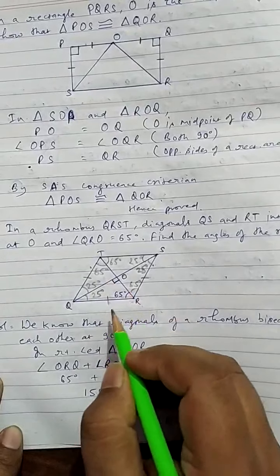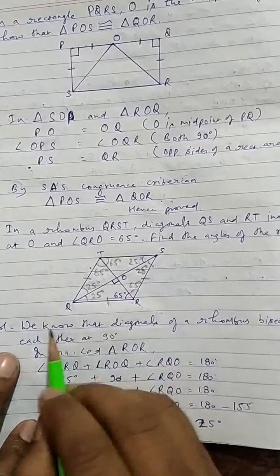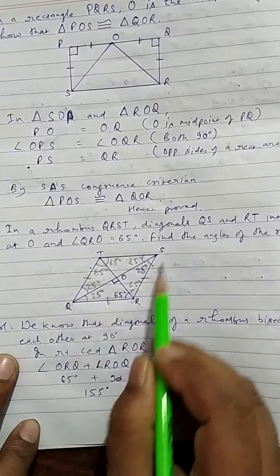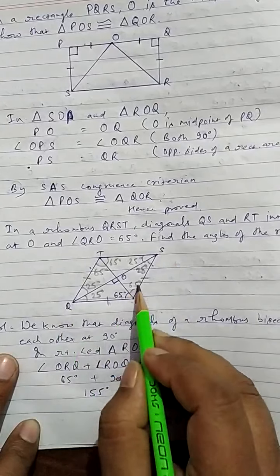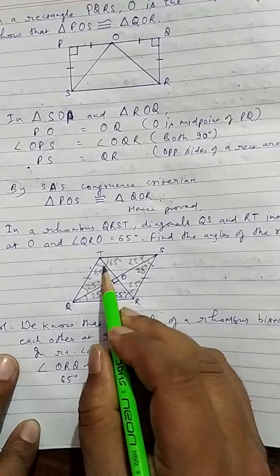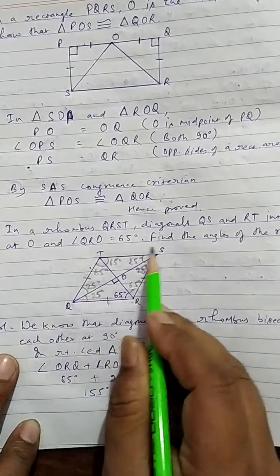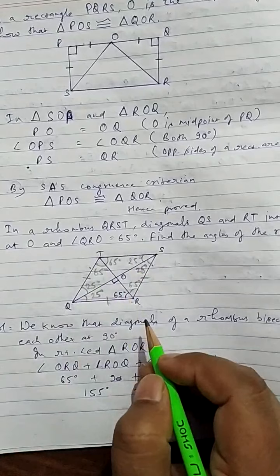Now we just have to conclude that QRS is the sum of 65 and 65, and the opposite is QTS. So let us write it.